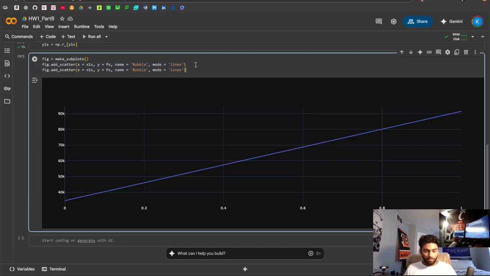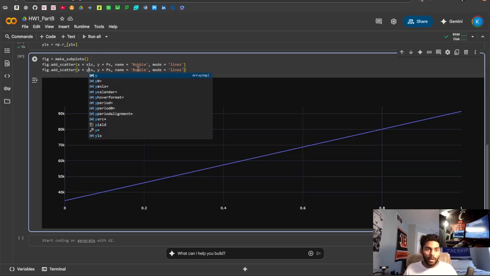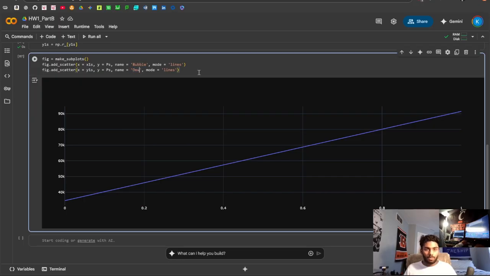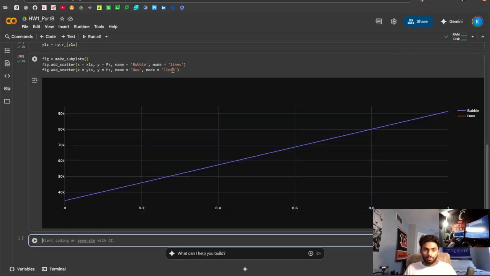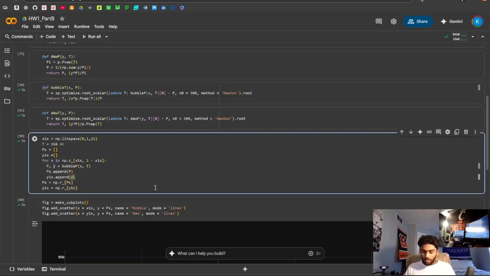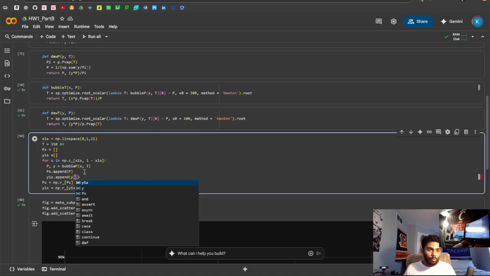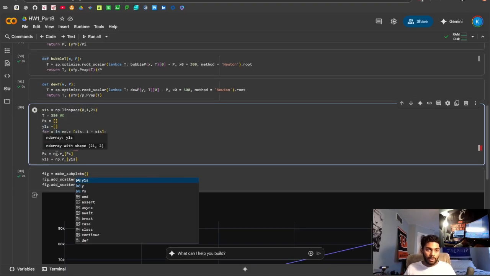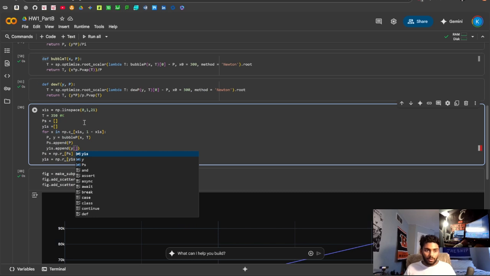We'll do the same thing for our dew points here. So our dew are going to follow our y's. So a little small mistake that we made here. Remember when we were talking about we only are worried about our benzene for this curve?